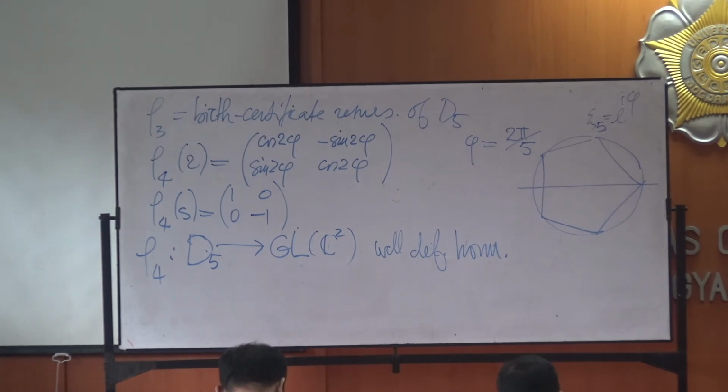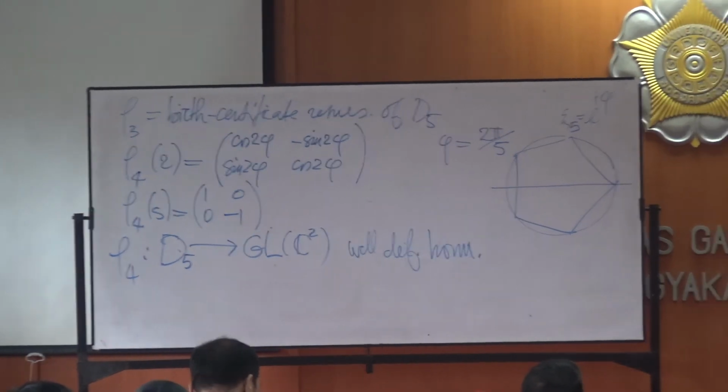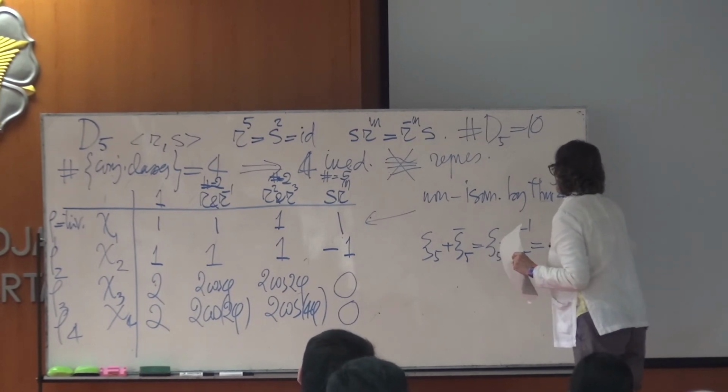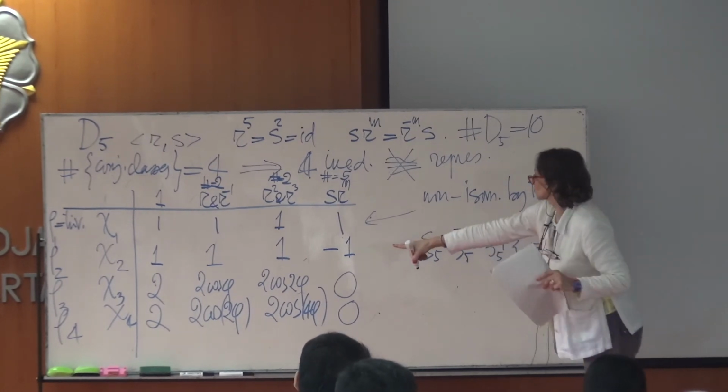Now, this phi is not a generic angle, it is a fifth of the round angle, so psi 5 is related to cos phi in this way: psi 5 plus psi 5 bar, or psi 5 plus psi 5 to the minus 1, is exactly 2 times cos phi.